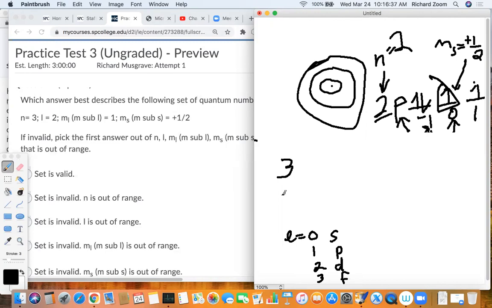Okay, so if L equals 2, that's going to be D. Now, the D value for L is equal to 2, which means that the M sub L values can go from -L to +L, which is -2 to +2. And the M sub L value is +1, which is this one here. And the M sub S value is +0.5. So that would be the representation.